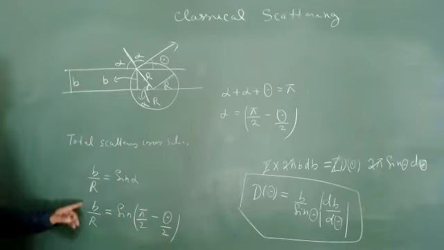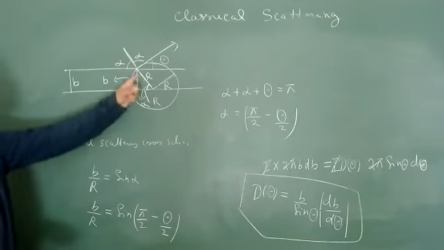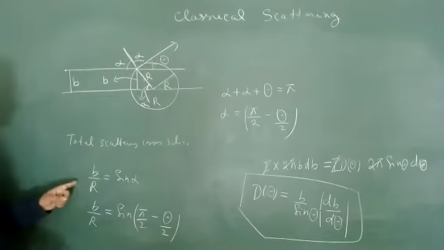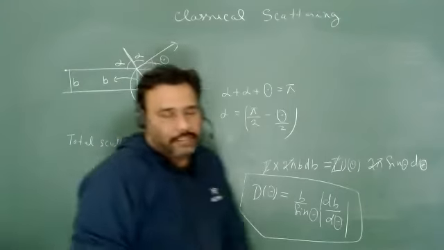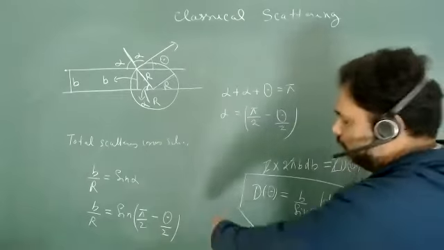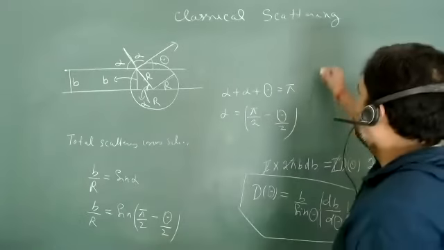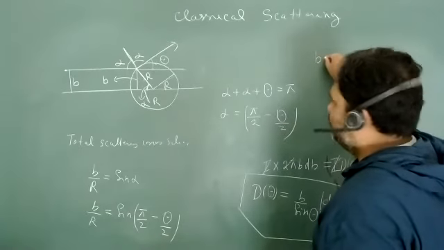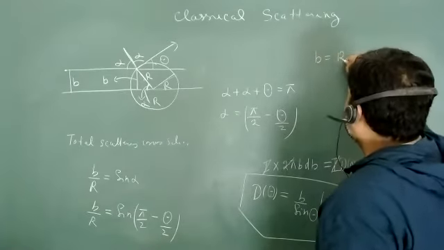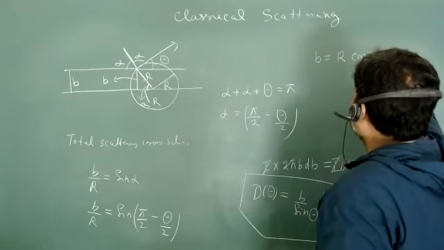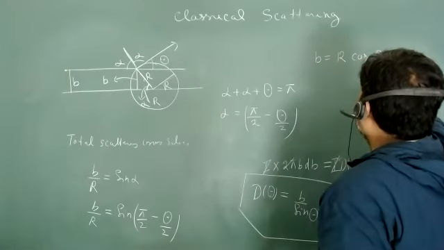So we can calculate it from this geometry. From this geometry we can easily calculate the value of b as a function of the scattering angle theta. So what is my b? b is nothing but r cos theta by 2.